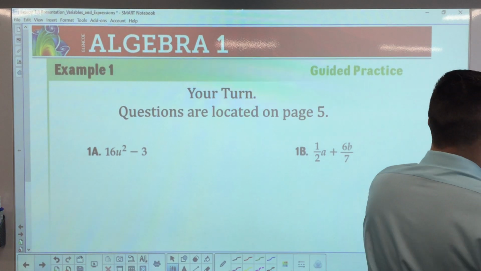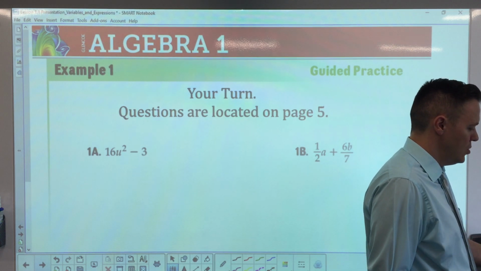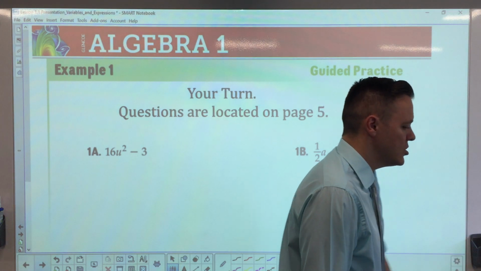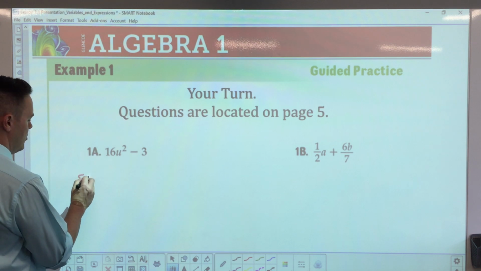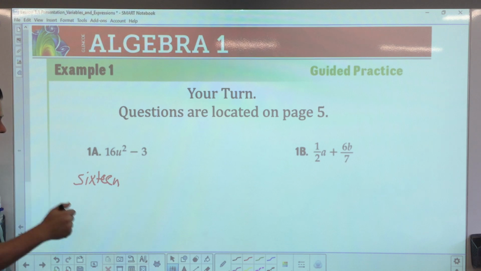All right, now for these, ladies and gentlemen, make sure we get these right. All right, so what I want to make sure you understand is this is what? 16. So you'd write out 16. Sorry, my handwriting is not good sometimes.